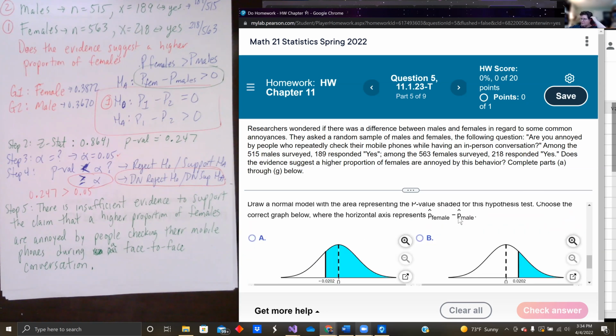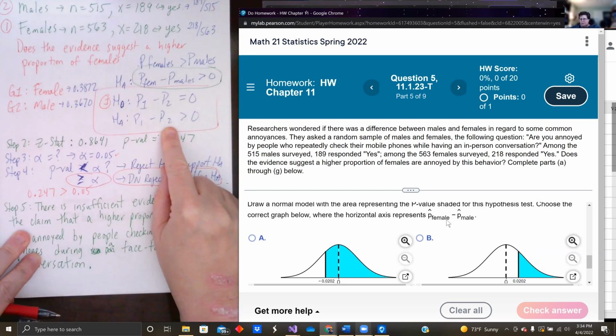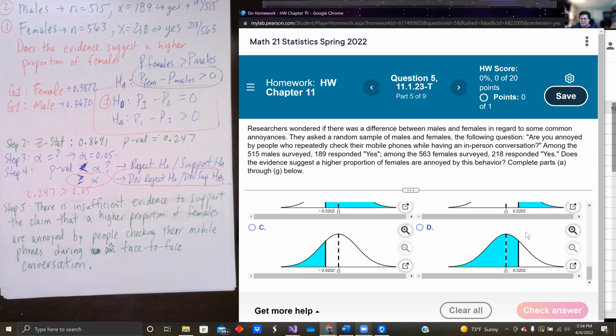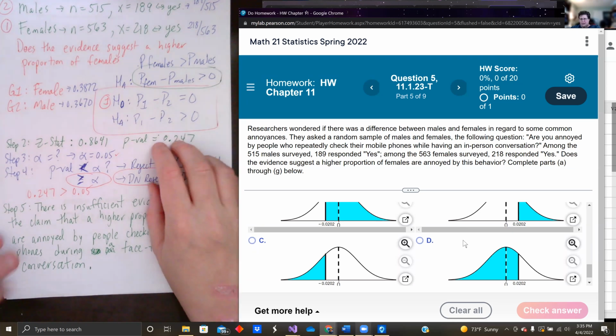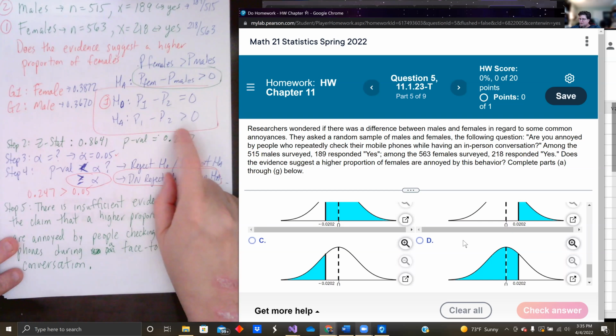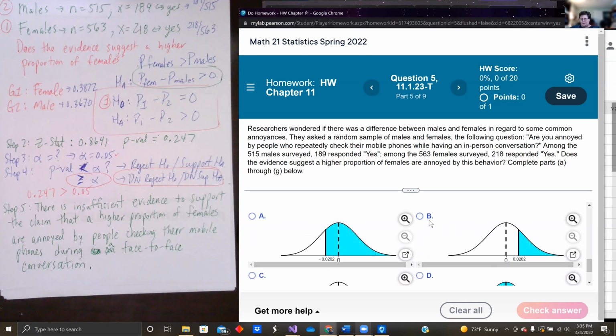So we're looking at our P1 minus P2. That was our 0.0202. Look at that, they've even got 0.0202 right here on the graph. That is so rude. We just need to shade it the right way. Shading it the right way would be shading greater than it, so it's shaded to the right.